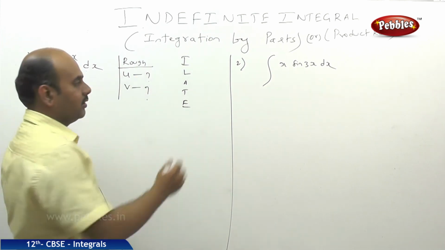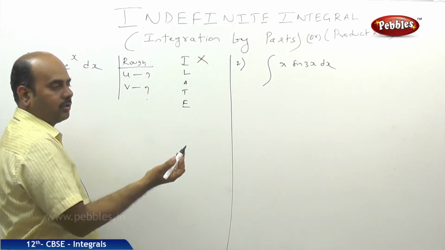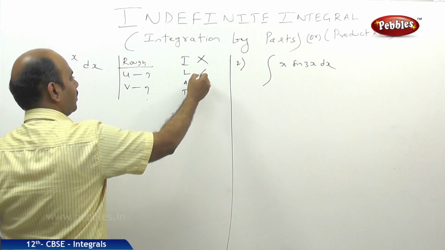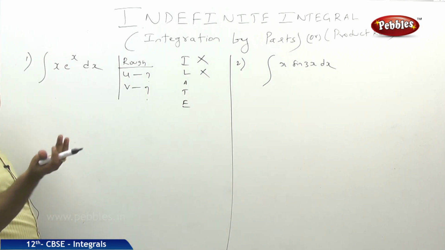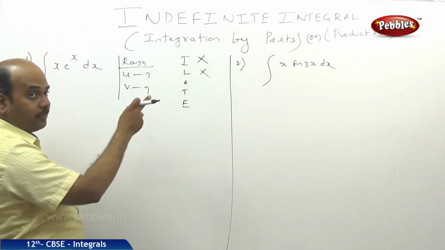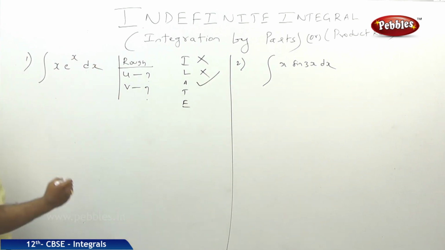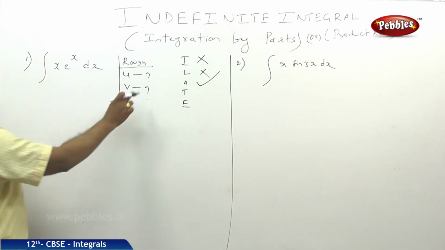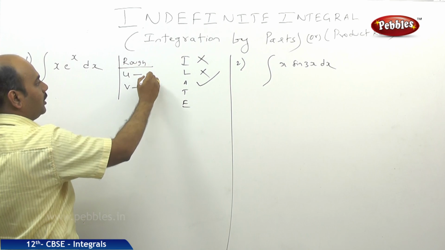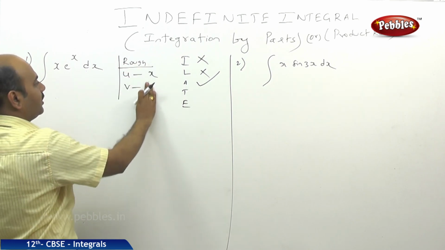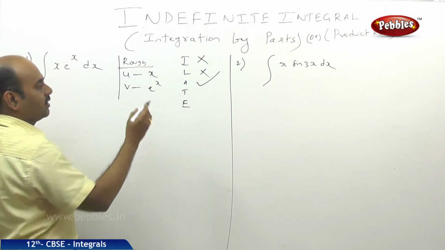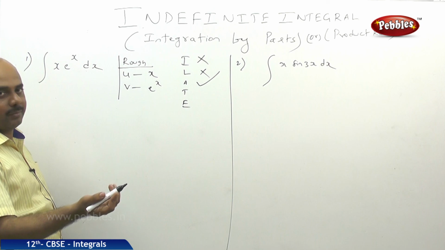Inverse is not there, so we should ignore. Logarithmic function is not there in the given problem, so we should ignore. A for algebraic, yes, algebraic function is there, so we should keep a tick. What is the algebraic function here? x. So in place of u we need to put x and in place of v we need to put e power x, and then we can apply our formula.